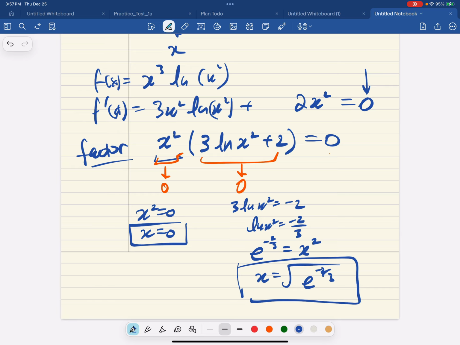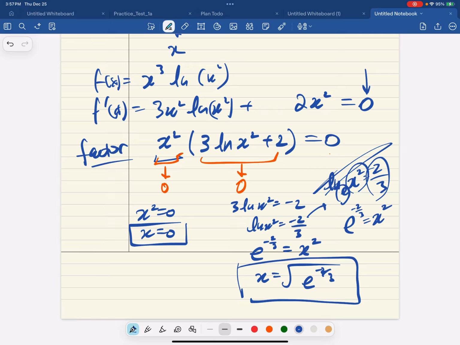Yeah, so that's also how I'd like to do it. Imagine that there is an e, and then we know that this exponent will have to give that. So naturally, e to the minus 2 over 3 has to give x to the 2.